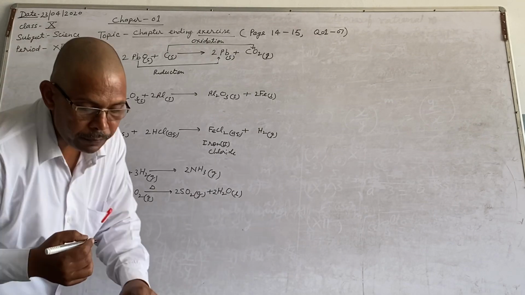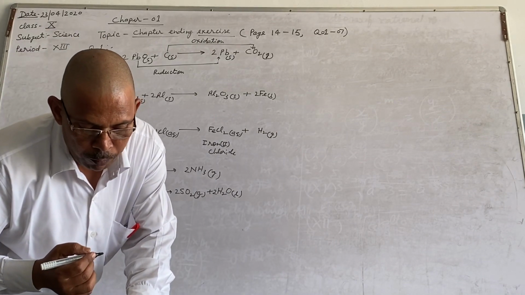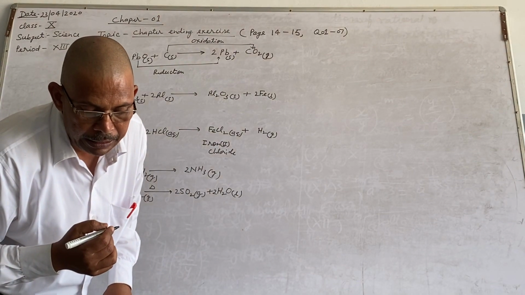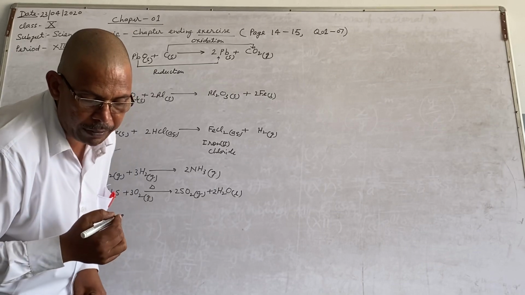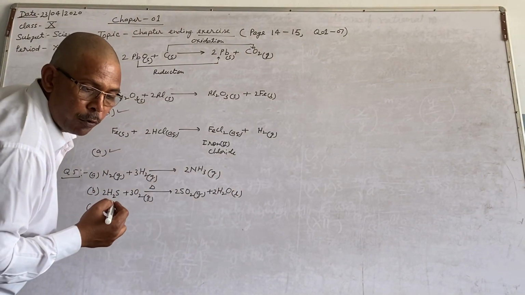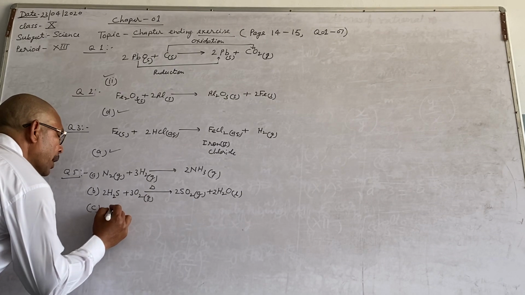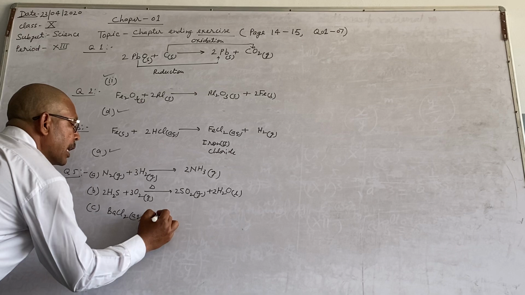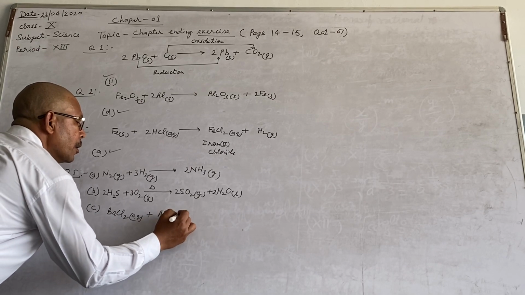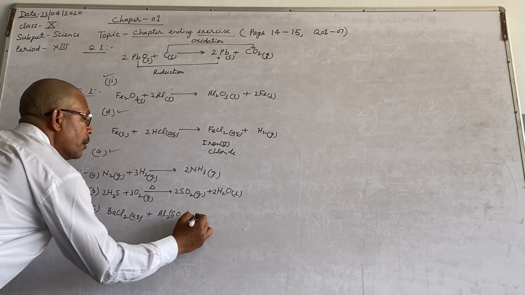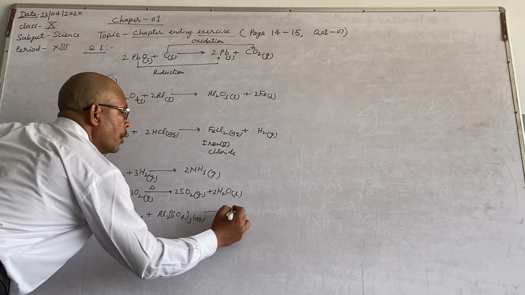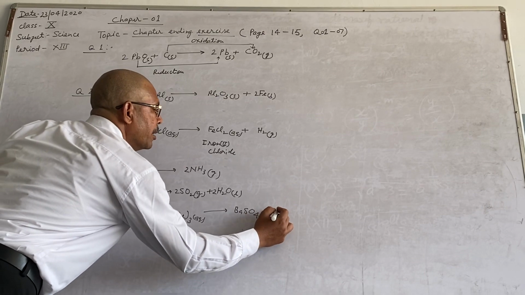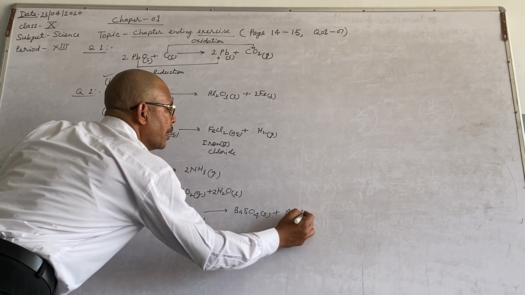Part C. Barium chloride reacts with aluminium sulfate to give aluminium chloride and a precipitate of barium sulfate. Barium chloride, BaCl2 aqueous, plus aluminium sulfate, gives barium sulfate solid plus aluminium chloride.